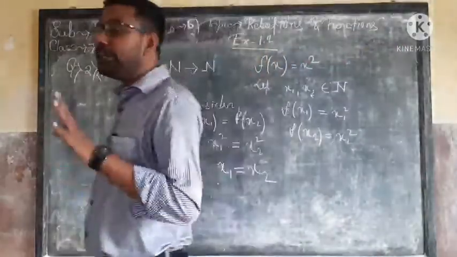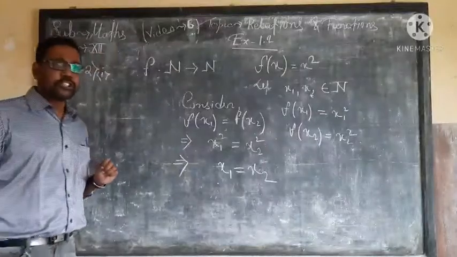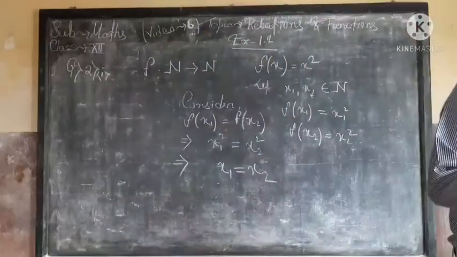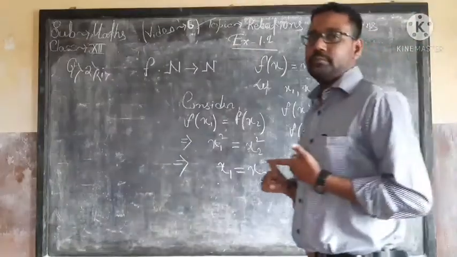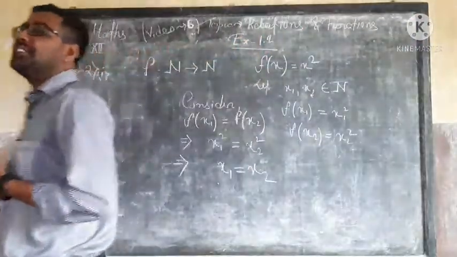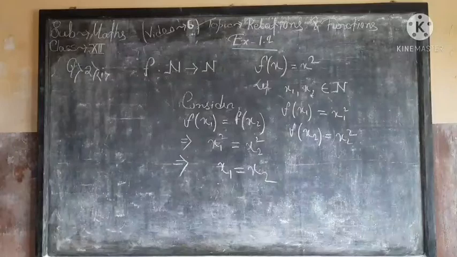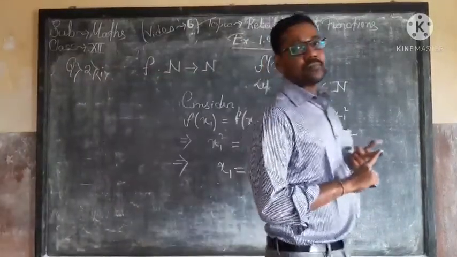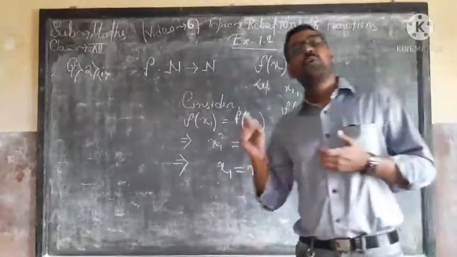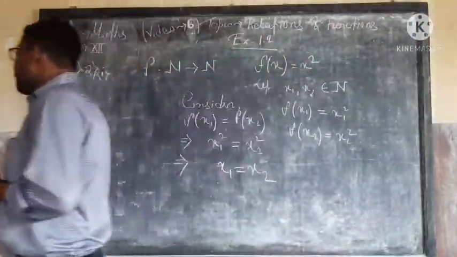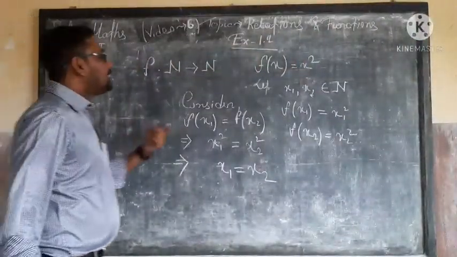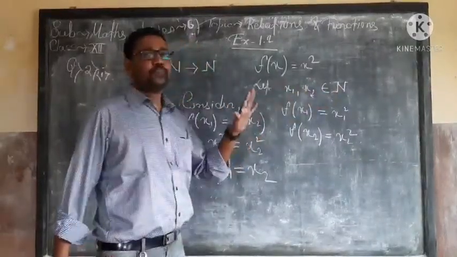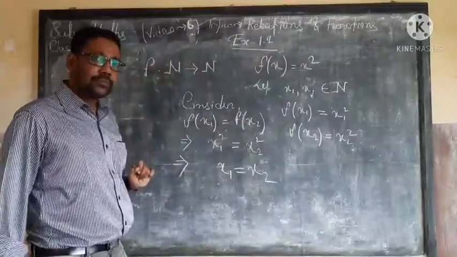Because what is the definition of the one-one function? Each and every element of the domain has some distinct image in its codomain. So at first we consider two arbitrary values x1 and x2 which belong to the domain of this function.